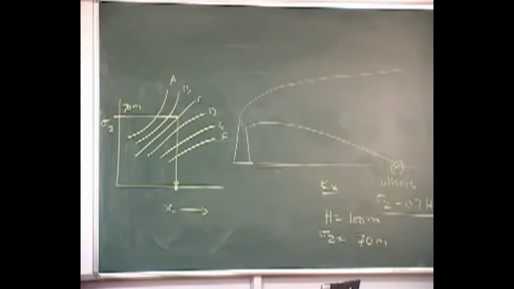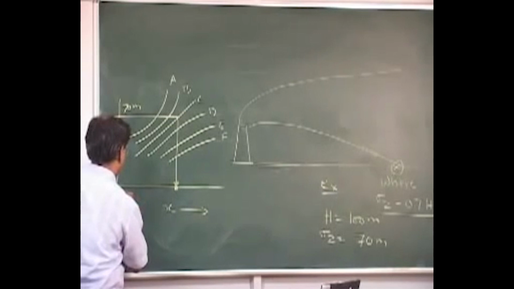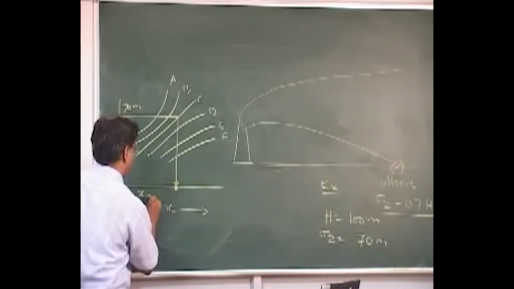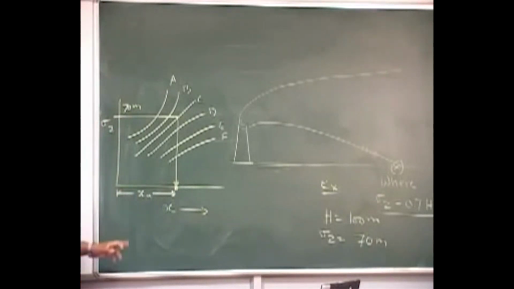Now you know this distance, and we can call this distance xm. Now it should be very simple for you to find out the maximum concentration. What you have been able to do is find out the distance at which maximum concentration will be there.